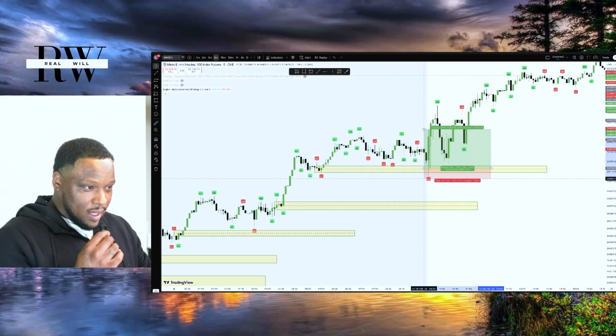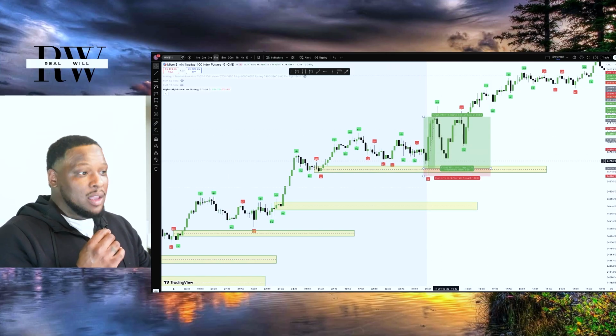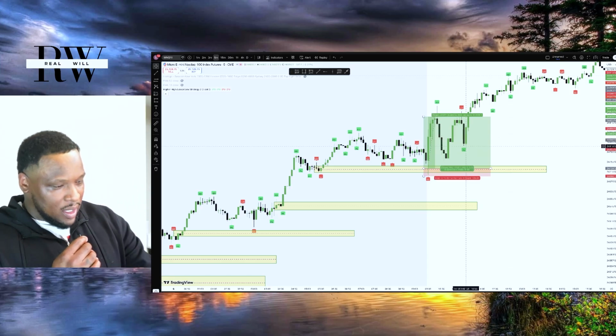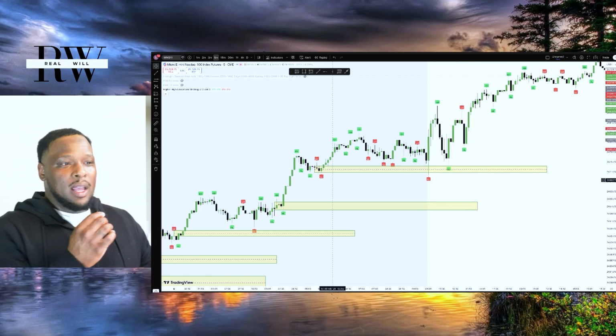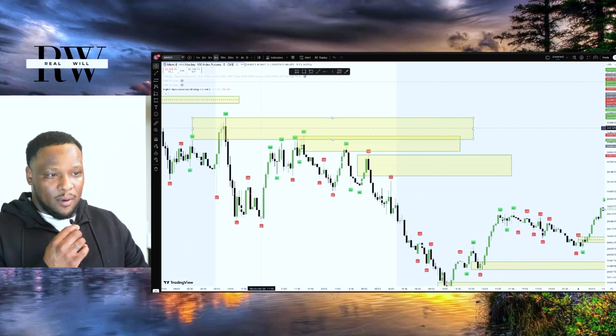Stop loss underneath this. You went for 1:1, 1:2. It came back down; you would stay there, you still would've been good. So these are demand zones, and these are supply zones that you can look for in your trading.